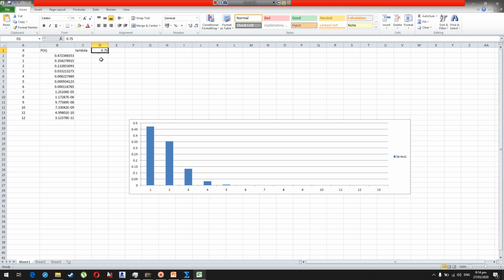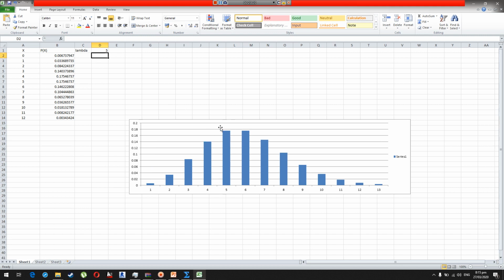Its shape varies with different values of lambda. Now you can also increase the value from 0.75, let's say to 5. You also know that lambda is the mean of the Poisson distribution, so in making it 5, we will have more data here. If I click that, you can see more data falling around 5 and 6. So lambda is actually changing the shape of the Poisson distribution.